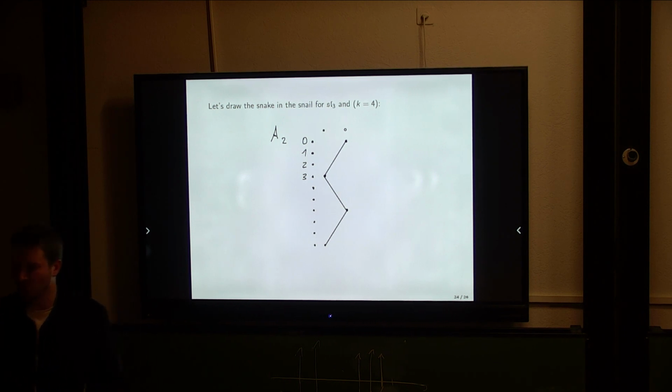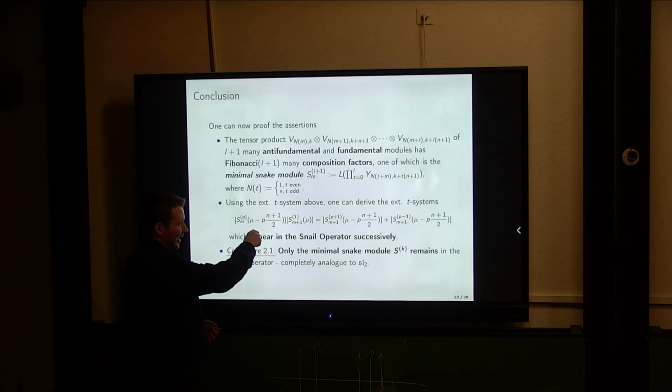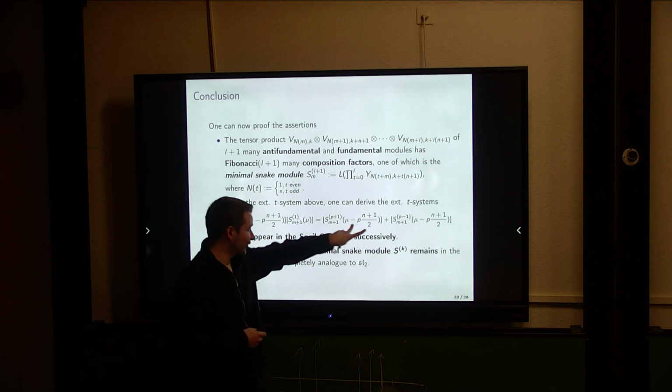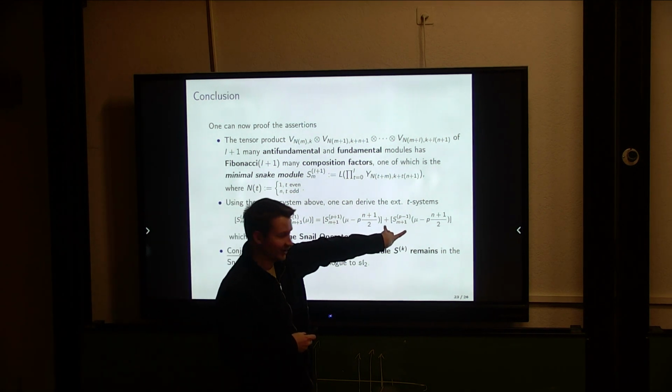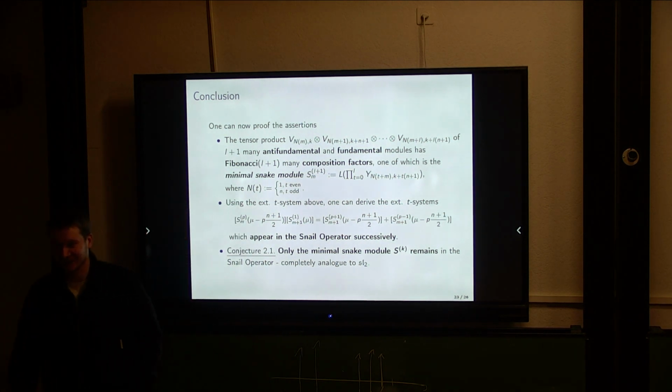Yes, but it's easier if you do it like this. You take this T-system, which you can prove from the extended T-systems from the paper of Mukhin and Young, and then you split unity like this and try to see if it cancels or not.